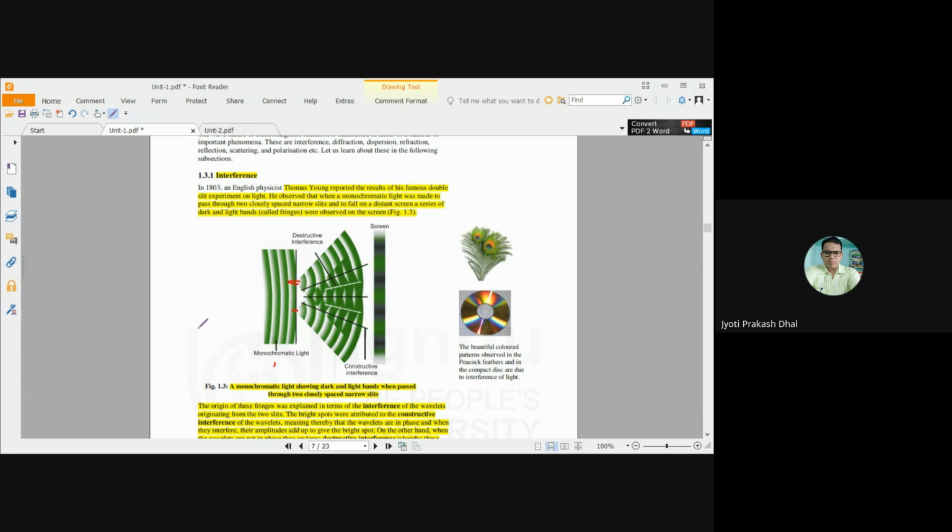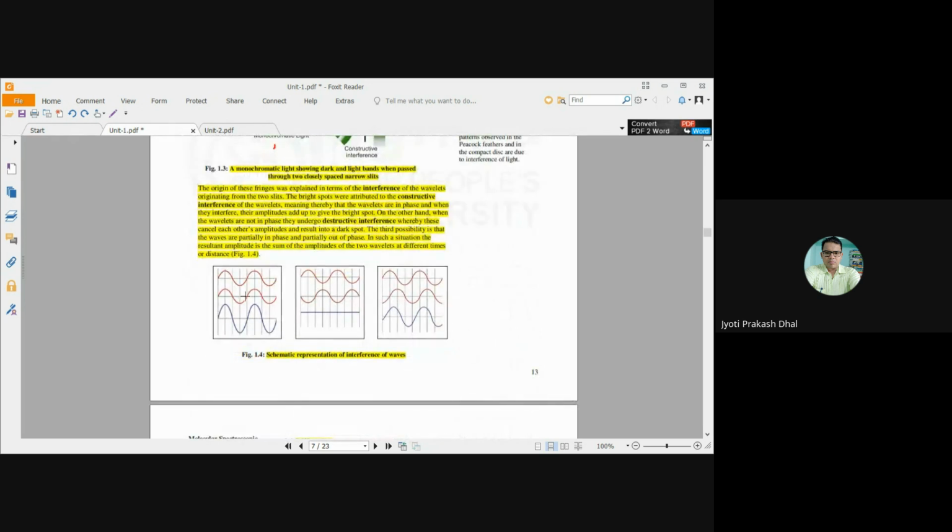If the monochromatic light passes through the double slits, or the two slits, we can observe both constructive and destructive interference. So what do we mean by constructive interference? You can understand both. The figure describes the schematic representation of interference of different waves.